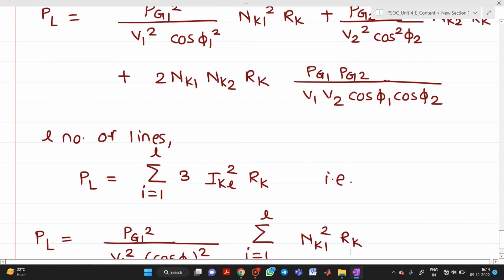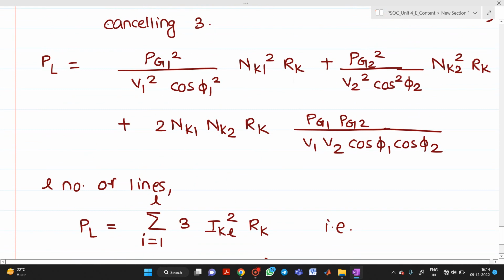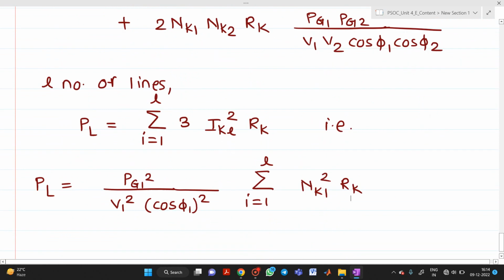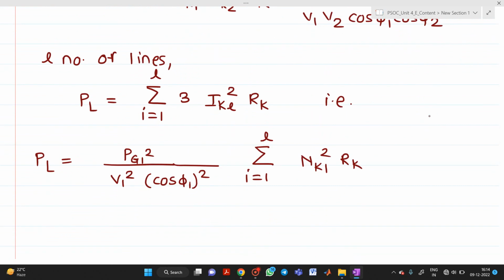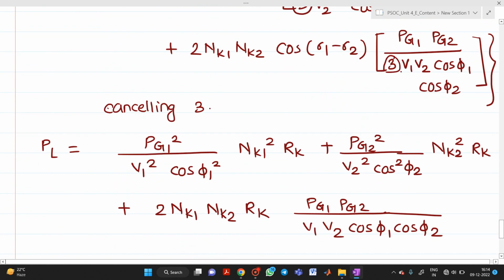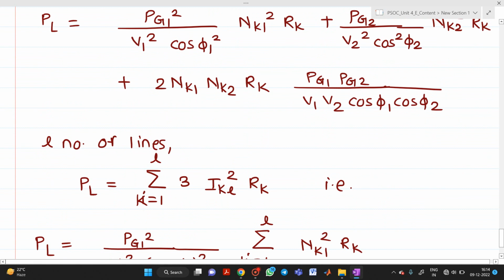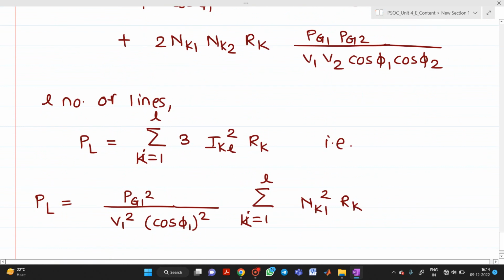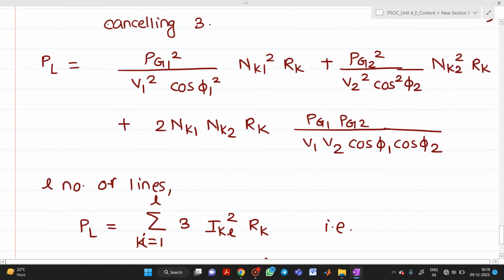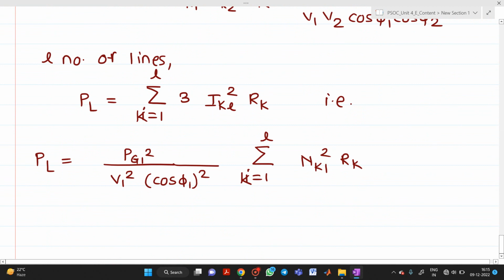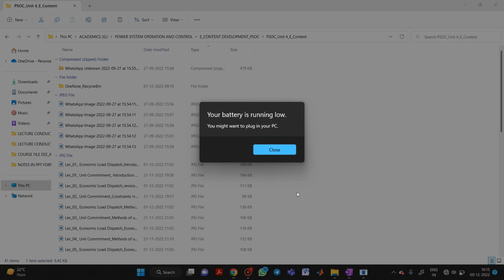What I did is, wherever there is nk1 Rk, before that I have put summation, sorry, it is not i equal to, it will be k equal to. Wherever there is a term k, before that we have written the summation. So we got Pg1 square, V1 square, cos phi 1 square, and before this term we have written summation k equal to 1 to n.